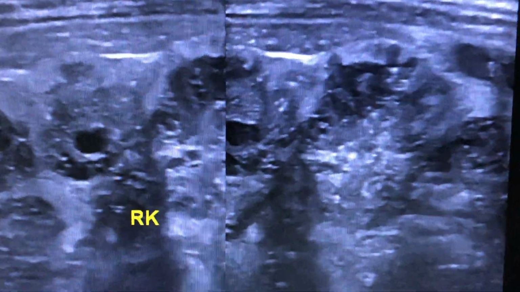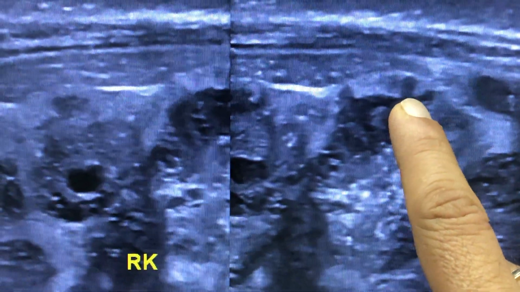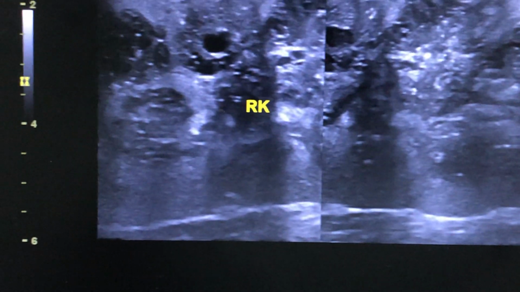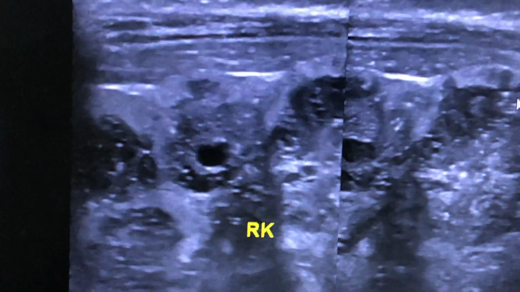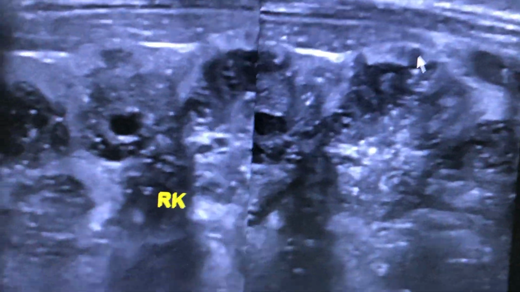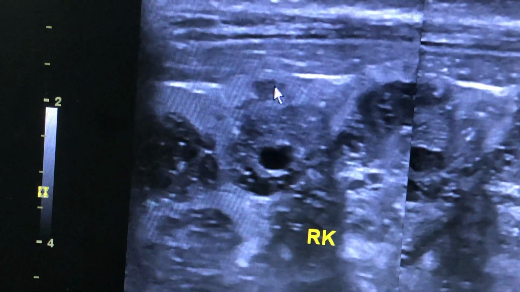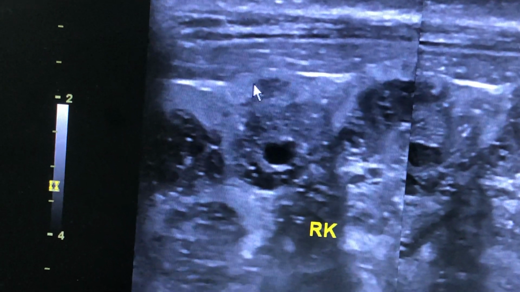You see this cortex here or here, it is showing some hypoechoic area, this and this. So it could be due to ischemia, I think. Here also there is some hypoechoic area in the cortex, and the cortex has become thin.